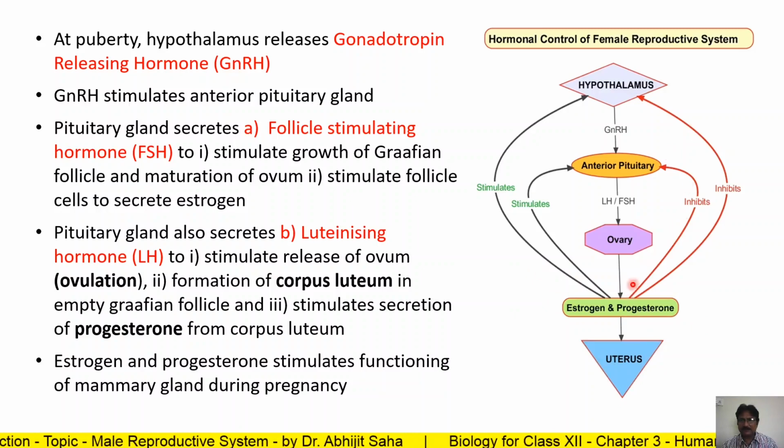The red arrows show inhibition, and this one shows stimulus. The levels of estrogen and progesterone stimulate these organs to synthesize, and when they are in much higher quantities, they start inhibiting these organs to stop synthesis. So this is how the hormones play an important role in the female reproductive system.